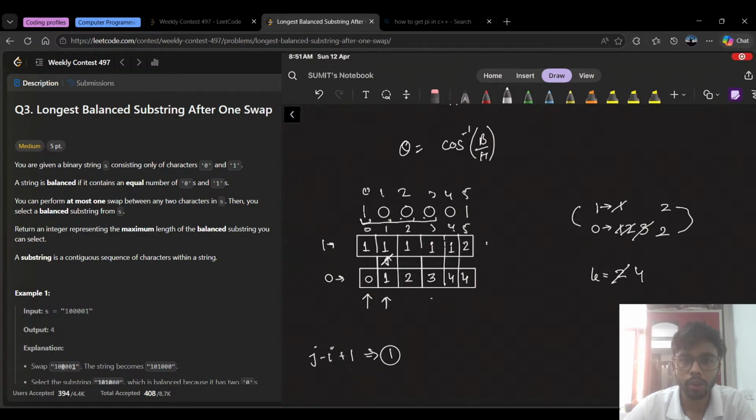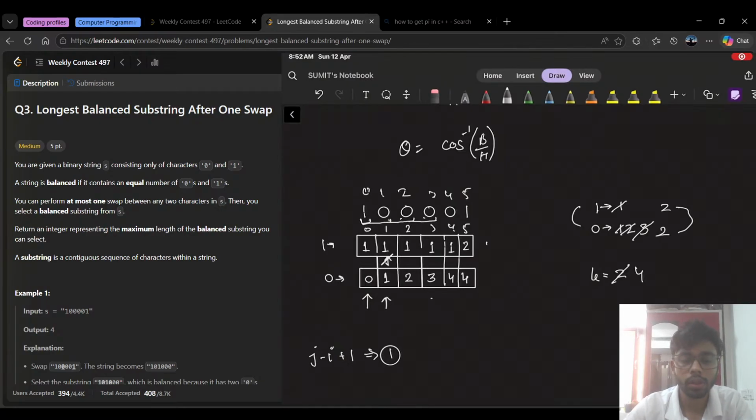then okay, I need to declare the answer also. Int min, what I need to get is the maximum length, max length equals to int min. Length equals to max of n comma j minus i plus 1.